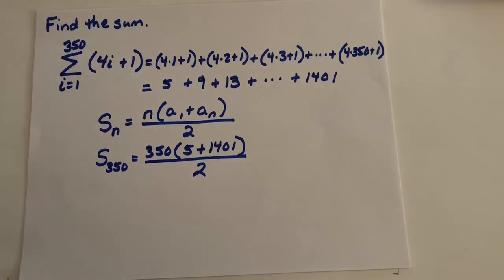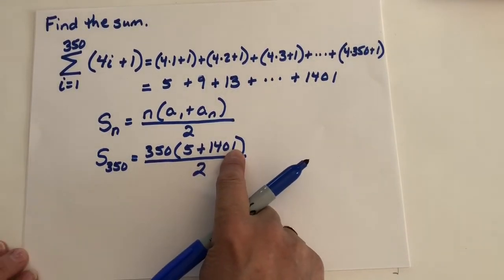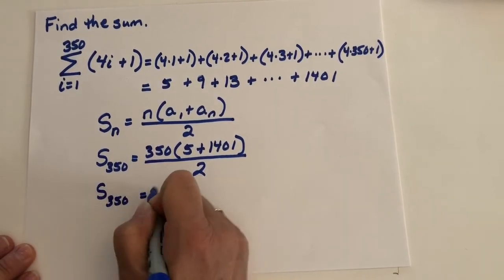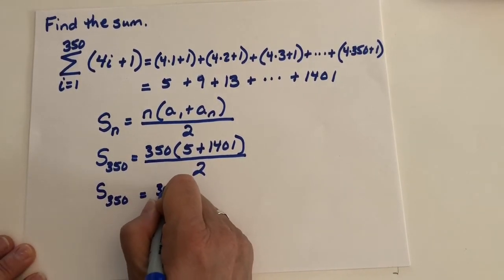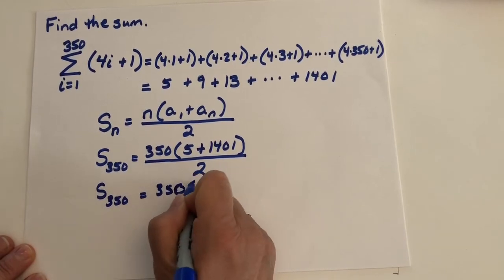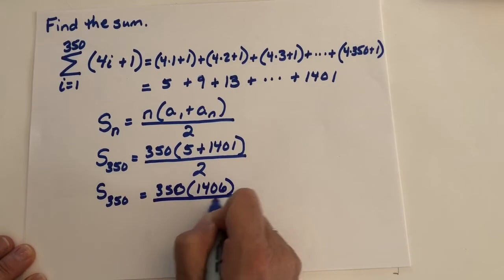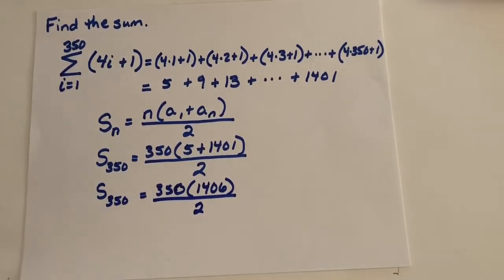Now certainly we can do the 5 times 1401. Don't need a calculator for that. 350 times 1406 divided by 2. And we could do more simplifying even without a calculator, but I have a calculator in front of me now, so let me just punch this in.